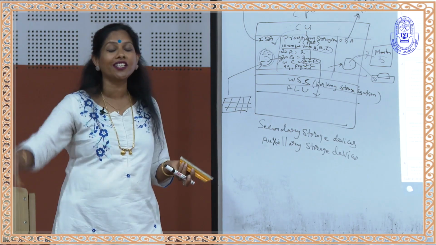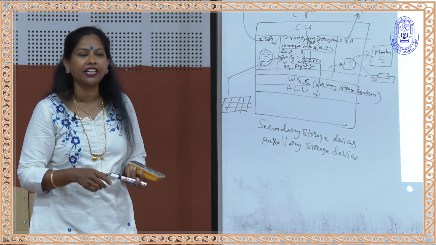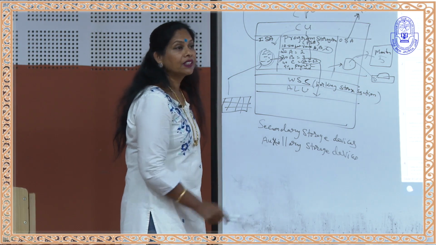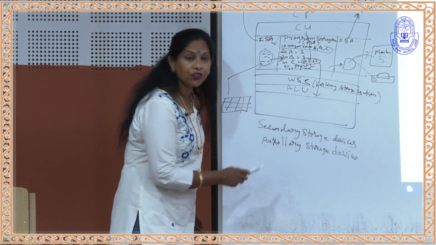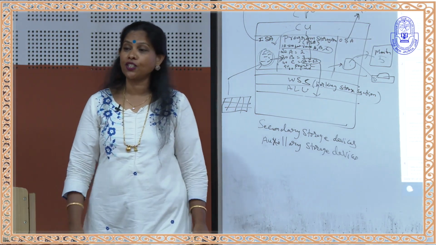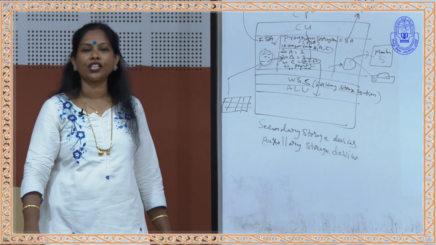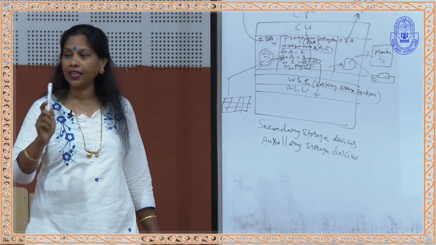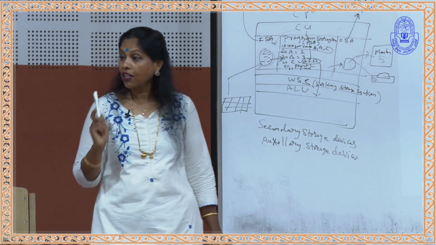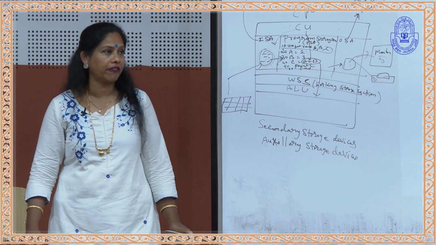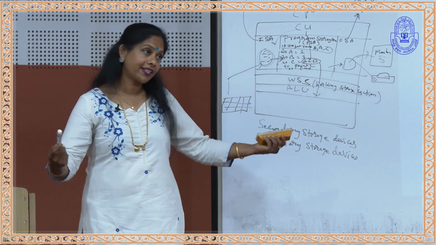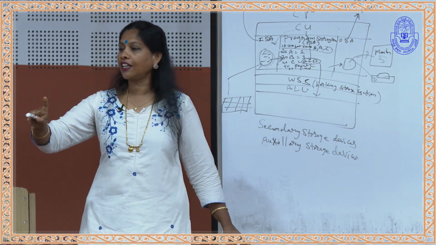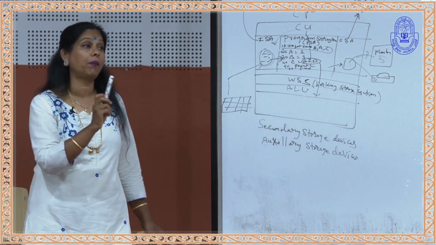They will say auxiliary storage devices. You should never get confused. Both are the same. That's why I have written here. This they have used in the exam: which is the auxiliary storage device, with options A, B, C, D, and all the above is the correct answer. They might say only two options, auxiliary or secondary. Both are the same. That you should remember.